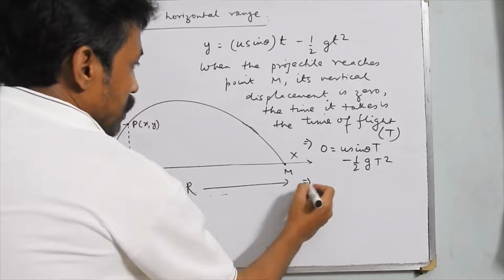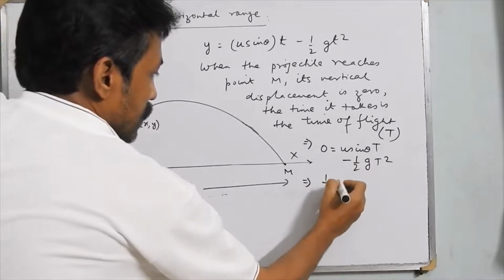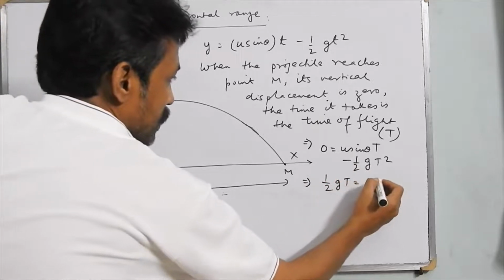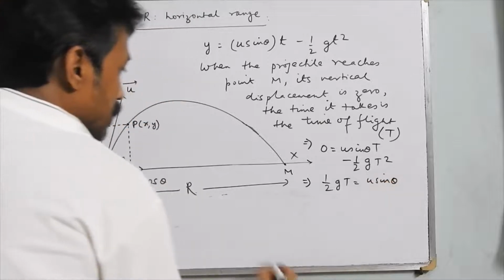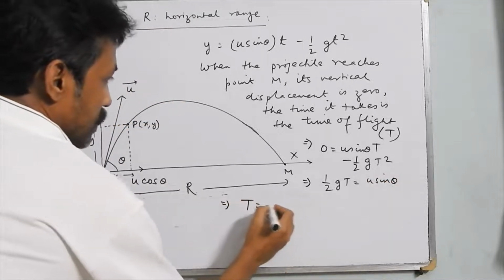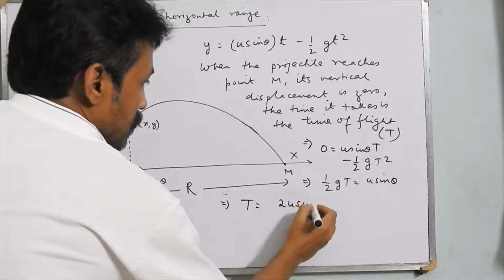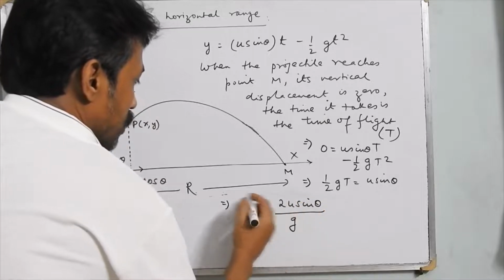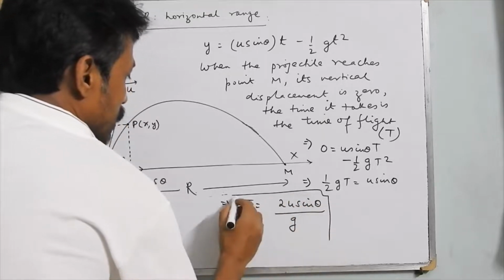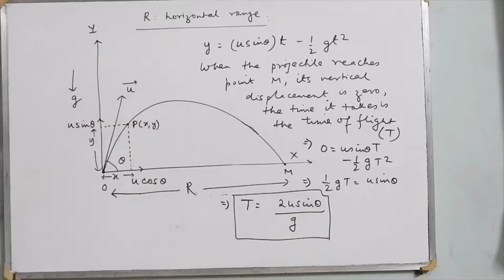Now taking half gT square on the other side and cancelling T, we get half T is u sin theta over g. So it gives time of flight as 2u sin theta by g. So this is the formula for the time of flight, the time during which the projectile will be in air.